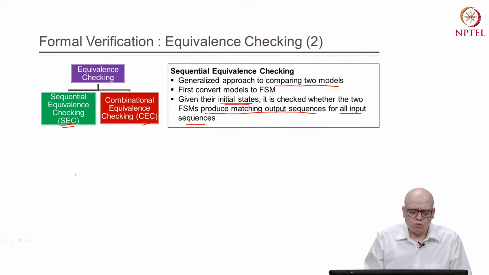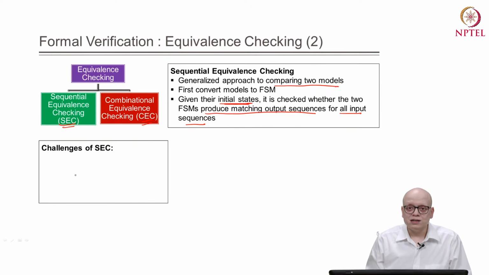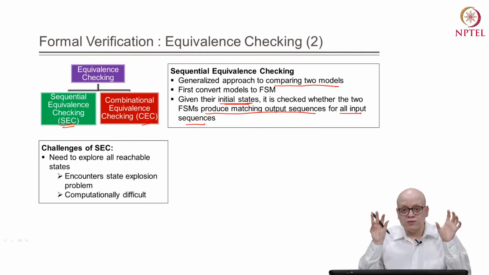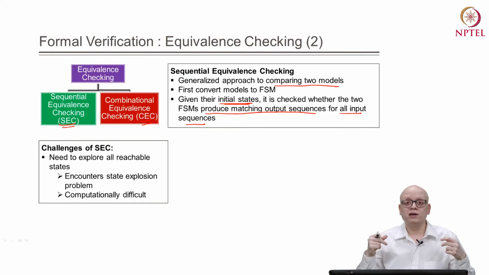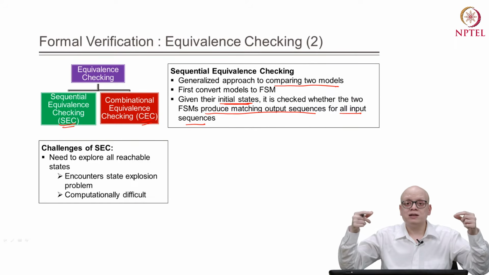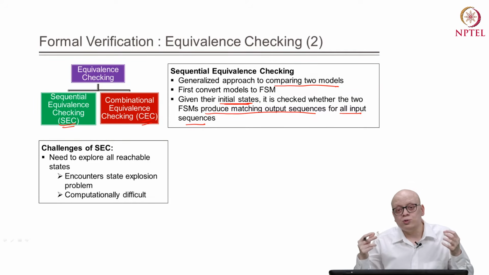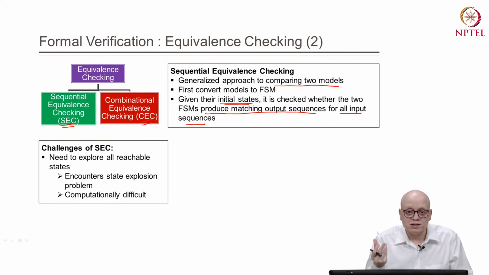Now, let us look into the challenges of sequential equivalence checking. We can well understand that if we want to verify that the output sequences produced by two FSMs are identical for any given input sequence, we need to do state space exploration, meaning that from a given starting state, we look at which states are traversed, and ensure that the FSMs produce identical outputs for all the states starting from the state S0, the given starting state.